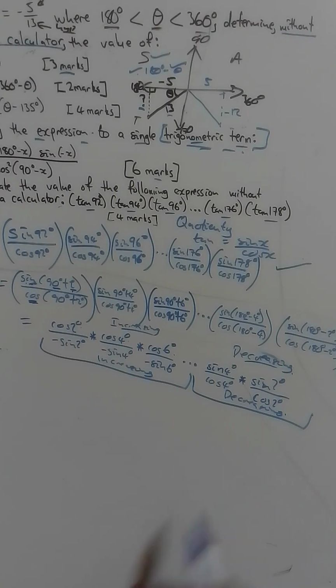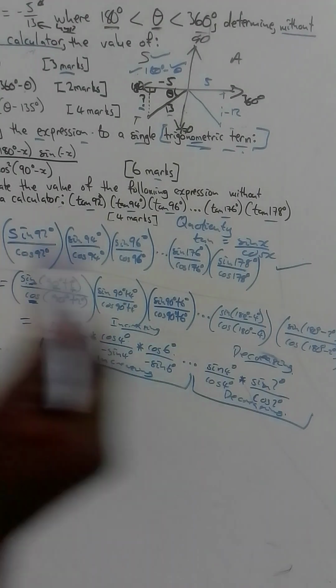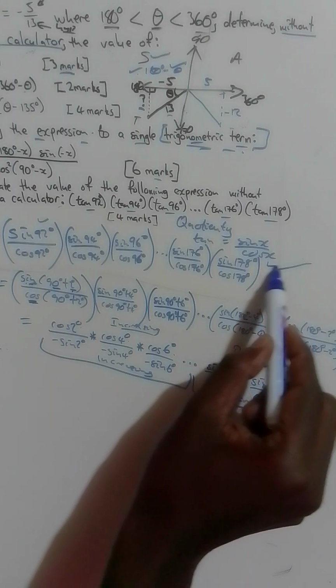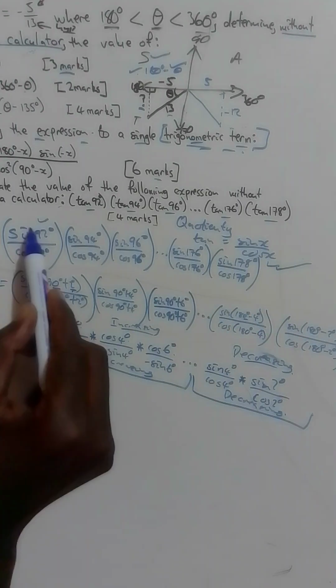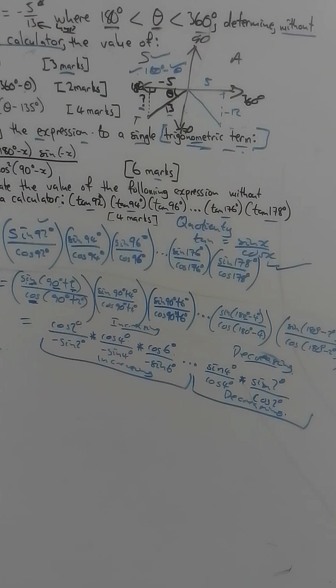So what do we need to find out? What we need to find out is how many values do we have here, right? So if I'm moving from 92 and I end up getting to 178, how many values do I have in between, right?